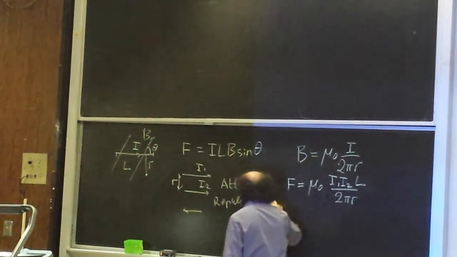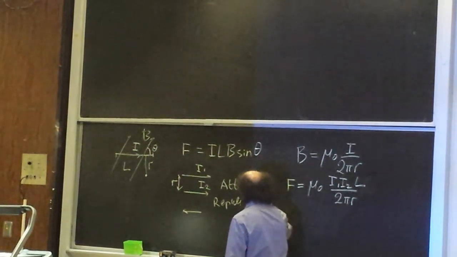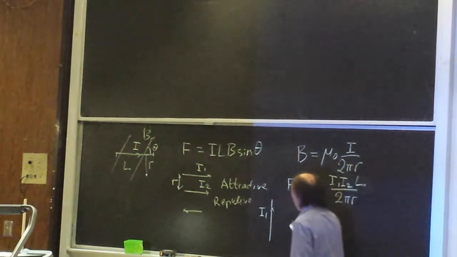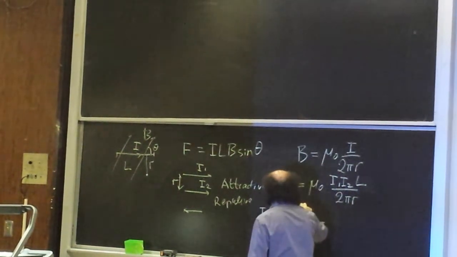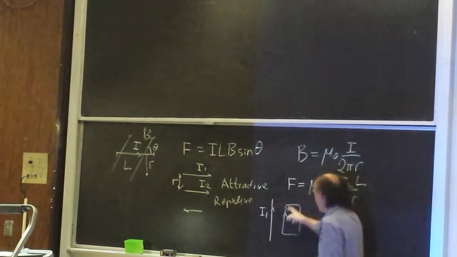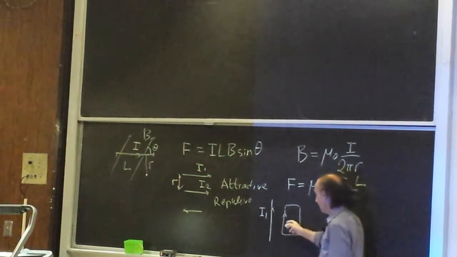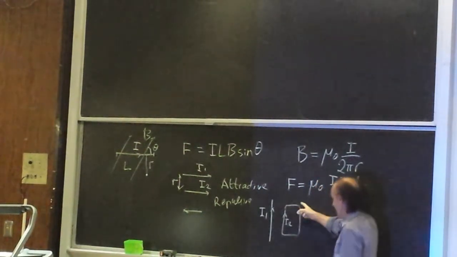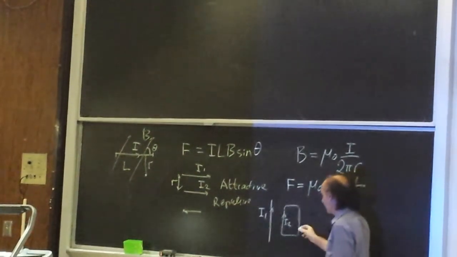So for example, if you have a wire which has current I1, and then next to it we have a rectangle which has current I2. This is a circuit. If you have I2 here, it goes up, it should go this way, it is basically going clockwise.